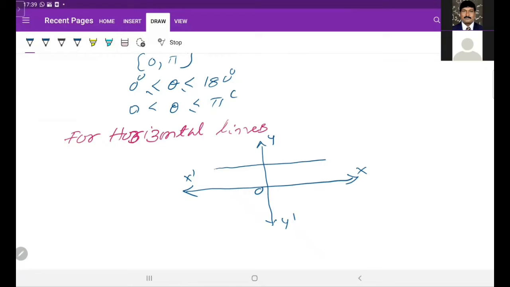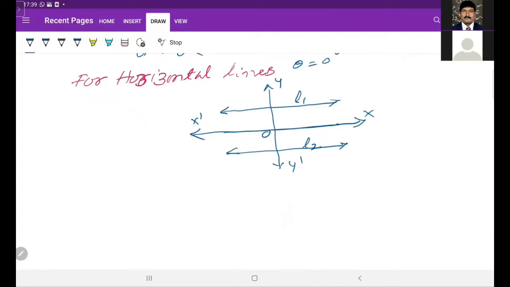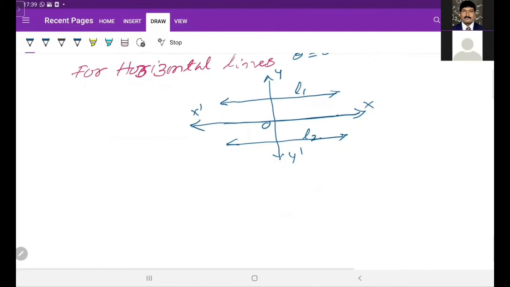This is a horizontal line. This is also a horizontal line. The x-axis is also a horizontal line. This is L1 and this is L2. Theta equals how much? 0 degrees. The inclination is 0 degrees for horizontal lines. For this one, theta equals 0 degrees. For this one also, theta is 0 degrees.